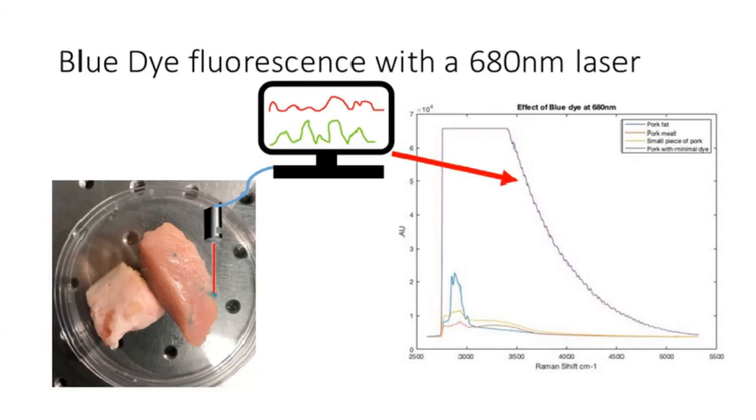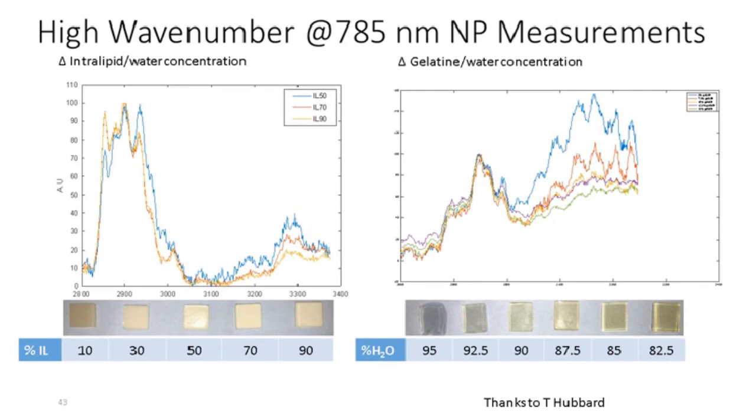The problem is, if you look at the meat samples on the bottom left, when blue dye is present, it causes a significant fluorescence, even in the high wave number region. This is a big problem because breast surgeons inject blue dye into the tumorous region so they can find out which lymph nodes the tumor drains to. And this can cause some problems.